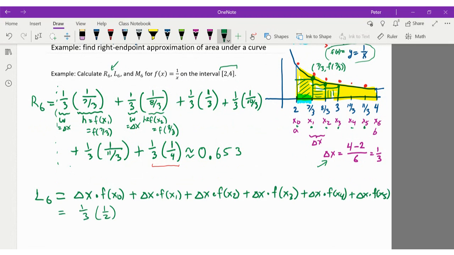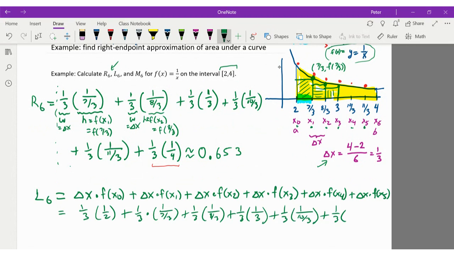So this comes out to 1/3 times 1/2. Sorry, delta x times, oh yeah, actually it was 1/2 plus 1/3 times 7/3 plus 1/3 times 8/3 plus 1/3 times 3 plus 1/3 times 10/3 plus 1/3 times 11/3.